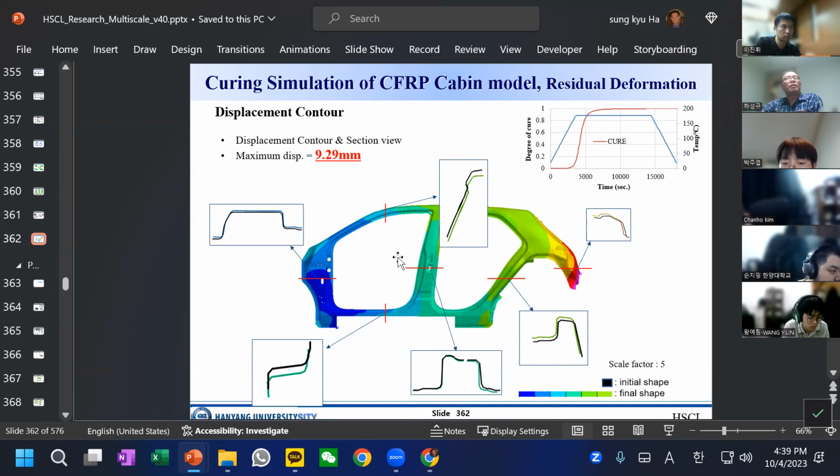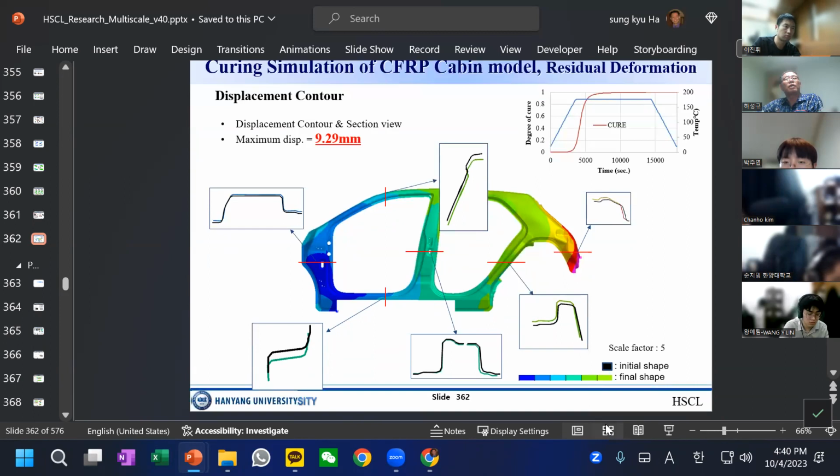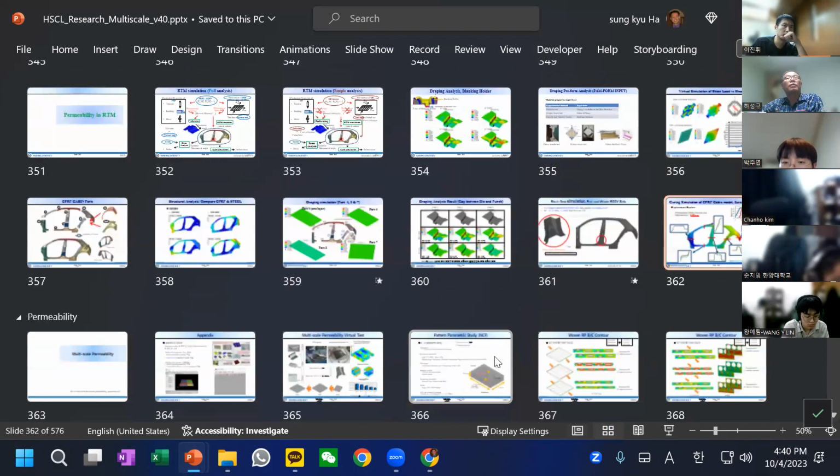When you make or design a mold, we have to understand this thermal residual deformation, and we consider this residual deformation. That's how we design a mold. No matter what mold we design, we need to understand this residual deformation. It's an important concept.